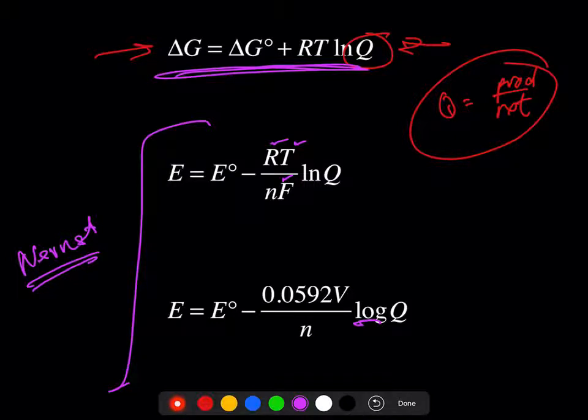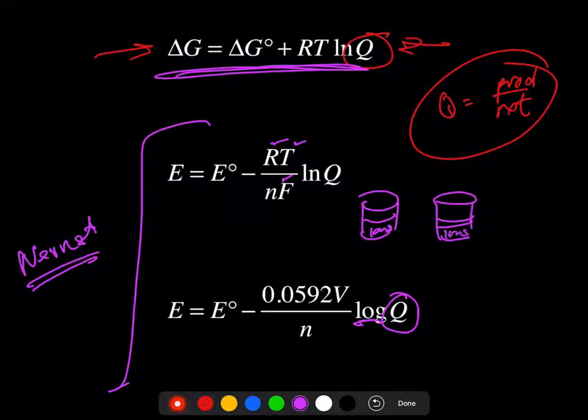But if we think about this, Q is again the concentrations wherever we are at a given moment in time. If we imagine a classic voltaic cell, here we have some kind of ions, here we have ions, and our electrodes, our salt bridge.